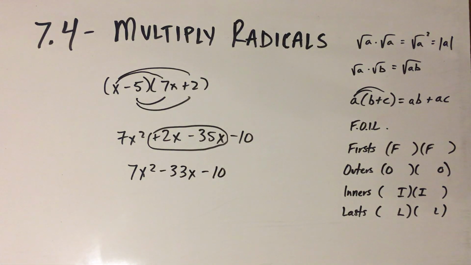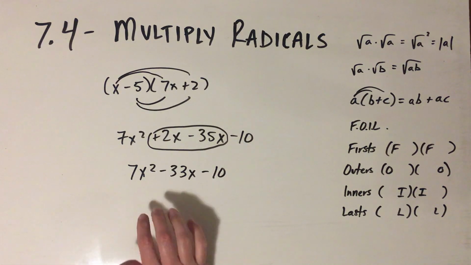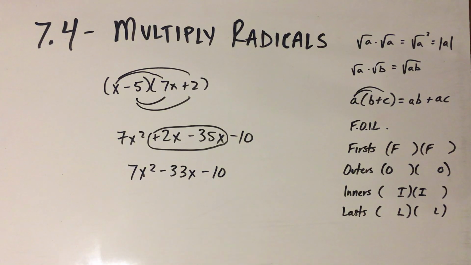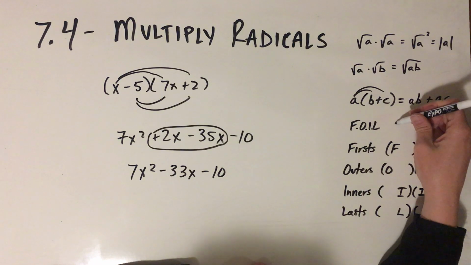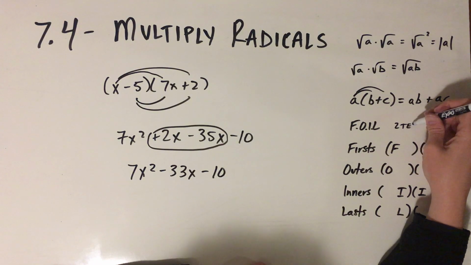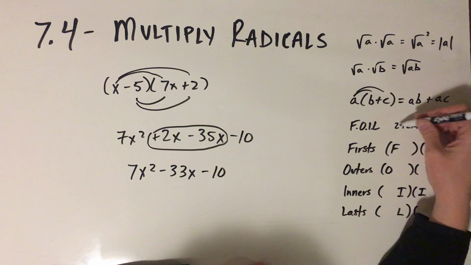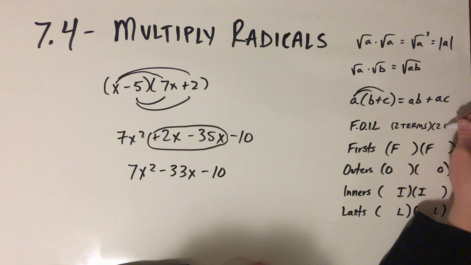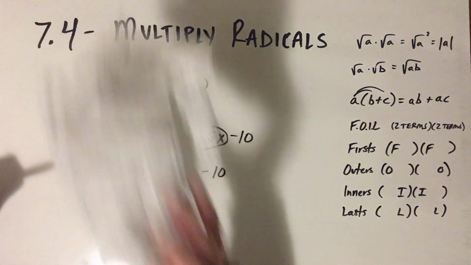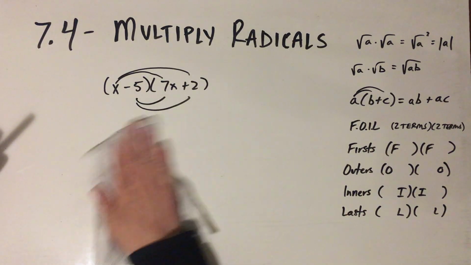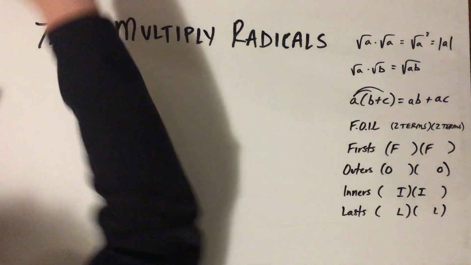So why am I showing you this when we're supposed to be talking about radicals? Because the process is the same. We FOIL when we have two terms times two terms. Okay, so that's the same whether I have a polynomial or I have radicals.